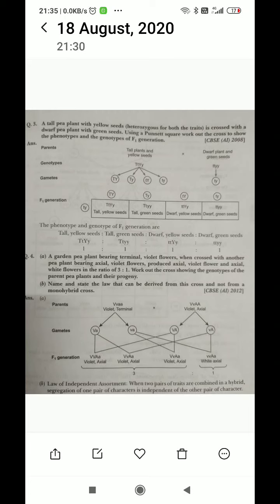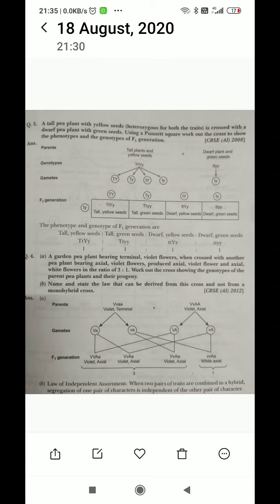A garden pea plant bearing terminal violet flowers is crossed with another pea plant bearing axial violet flowers. Now, what have they shown? Is terminal dominant or is axial dominant? Terminal is the recessive character and axial is the dominant character.